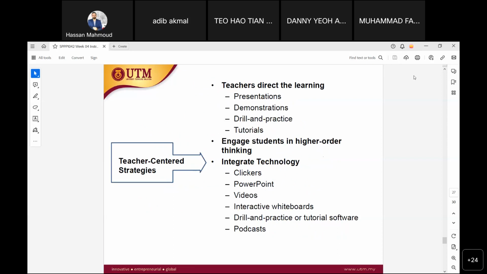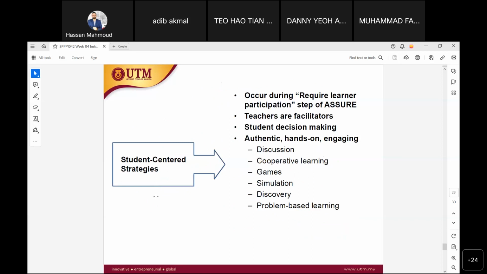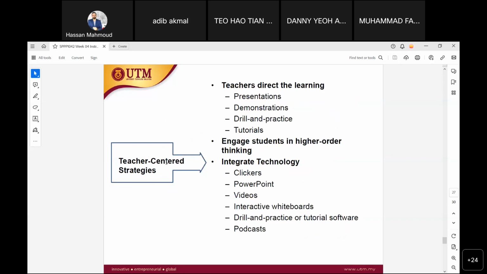Now, at the beginning of the class, the main idea in this class is to be able to differentiate between teacher-centered strategies and student-centered strategies. When we talk about teacher-centered, you feel like it is 100% the teacher's role and the students are not engaged.